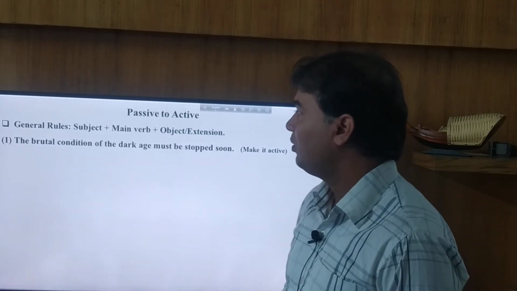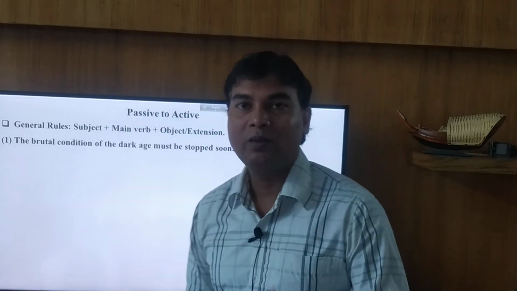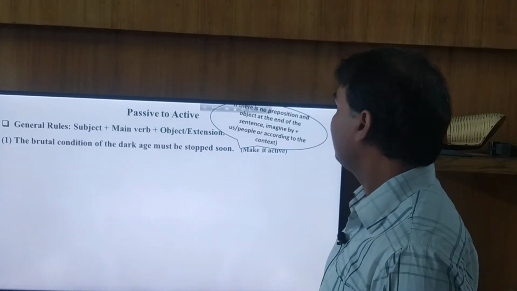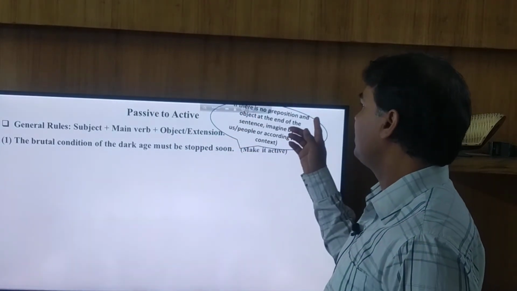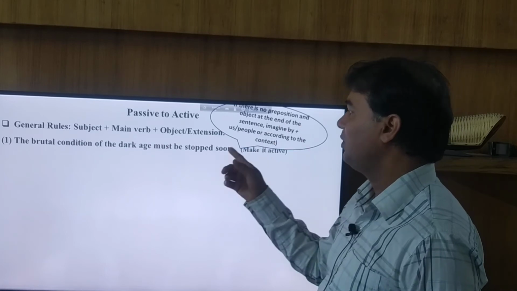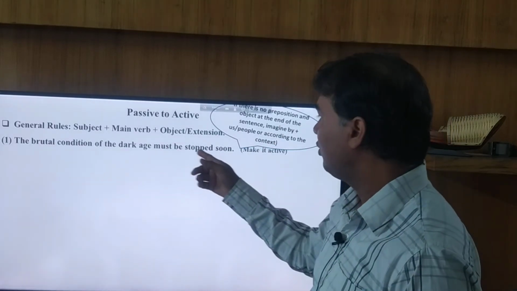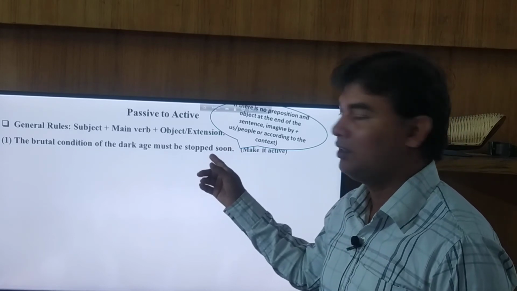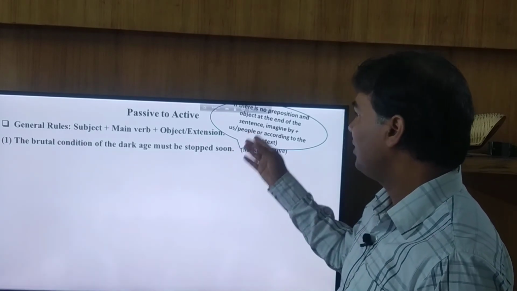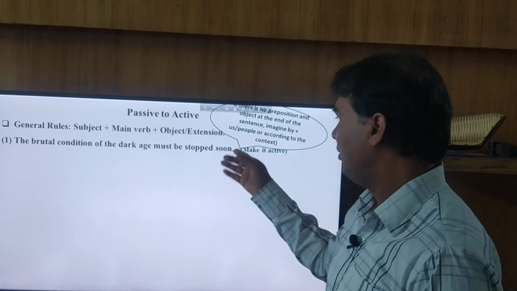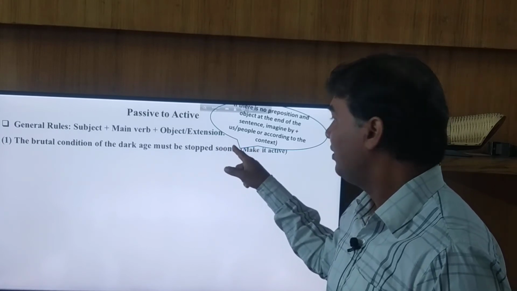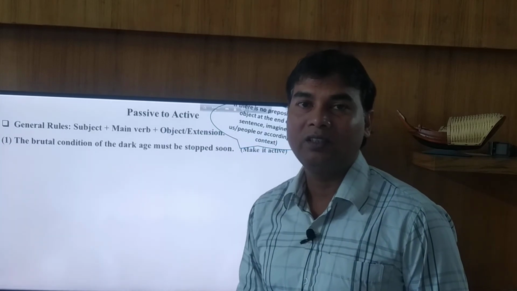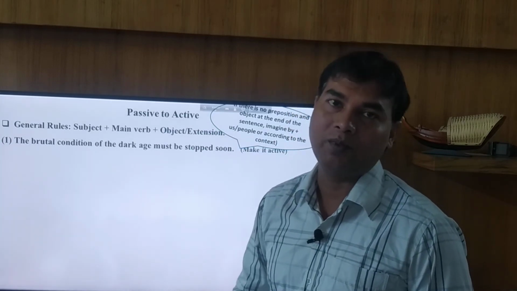So now we need to find out the subject. In that case, if there is no preposition and object at the end of a sentence, imagine that there is a by preposition, and after the preposition usually us or people.